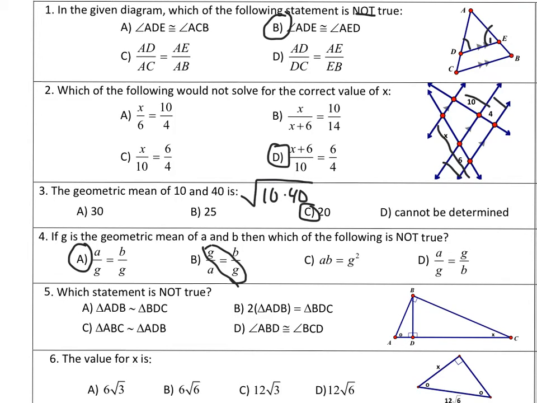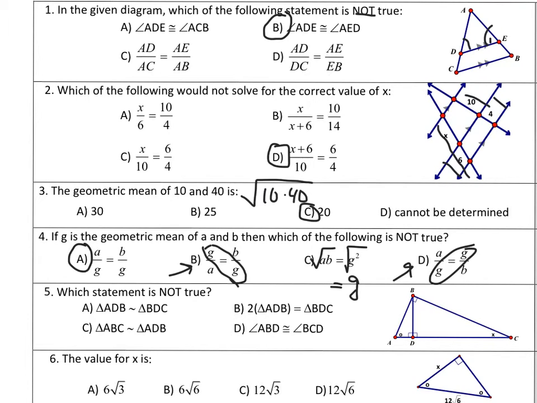So A and B would be the extremes in this case, and G would be the means. For answer C, if we square root that, then G, the geometric mean, is the square root of A times B, which is the geometric mean. So our answer is A.